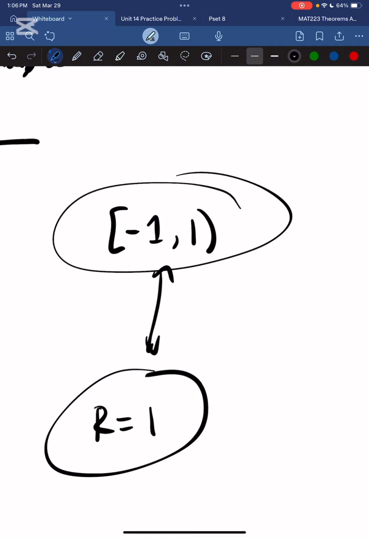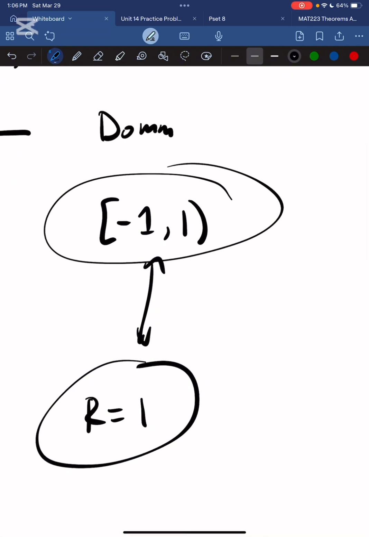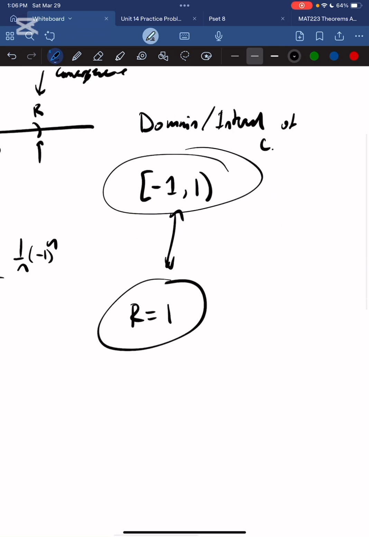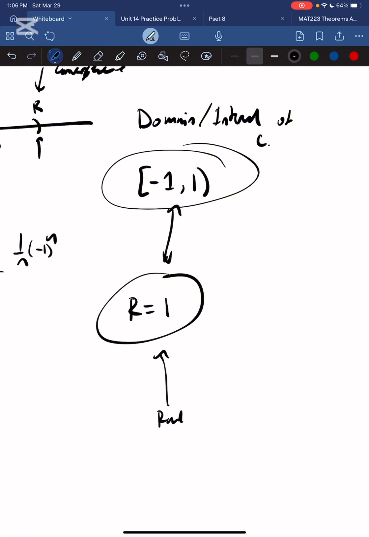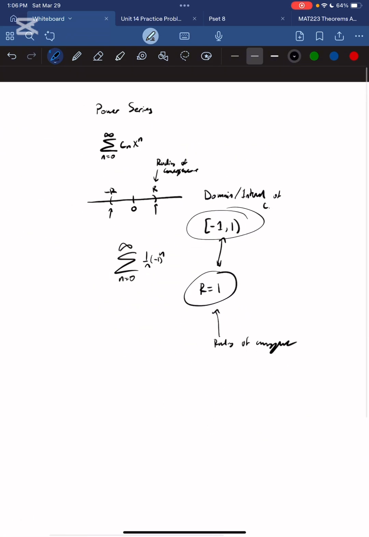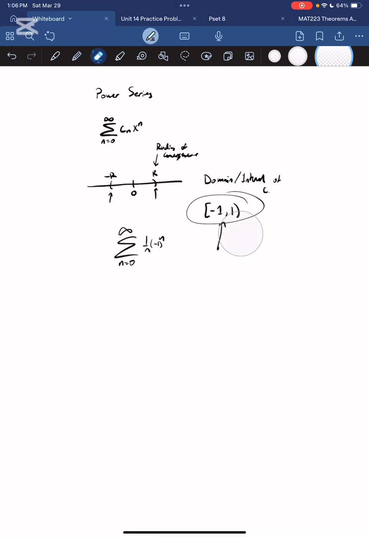So domain or interval of convergence, whereas this is just the radius of convergence. That's not that important, but maybe there'll be a trick question. But here's the example.